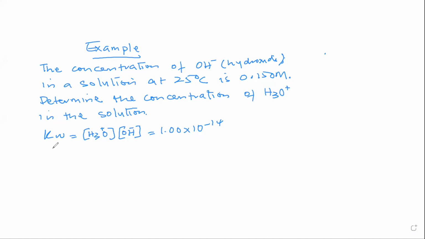We write first what we know. We know the hydroxide concentration, this is 0.150 molar. We do not know the hydronium concentration. From what we've done so far, we know Kw is 1.00 times 10 to negative 14.